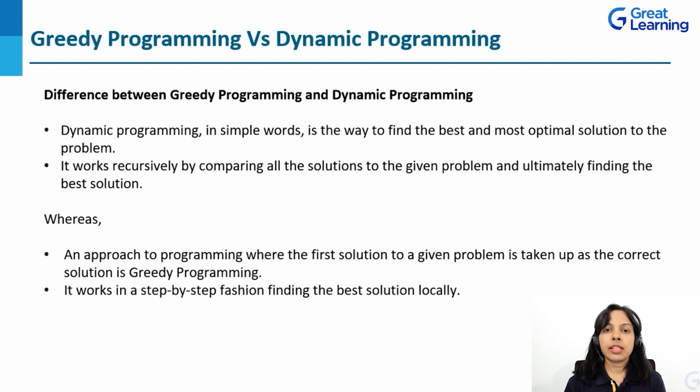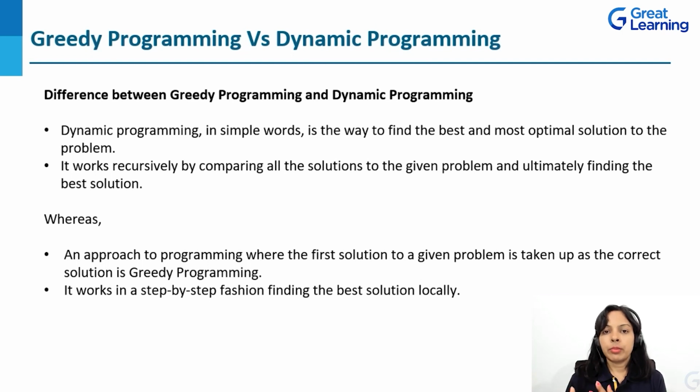Another difference is that in greedy programming, there is not much memory utilization, because only the current step is focused. The previous steps' solutions are not focused. But in dynamic programming, to find the current best solution, the previously found solutions are also considered. So you need to memorize the previous solutions, right?